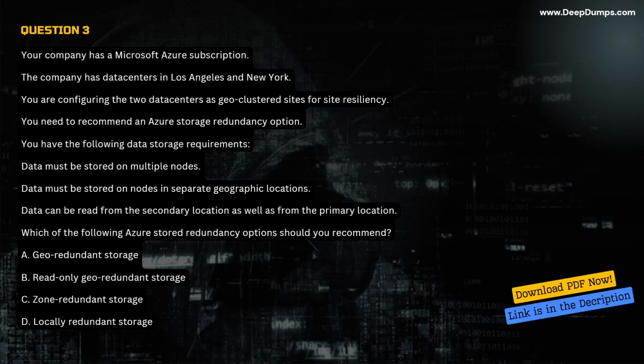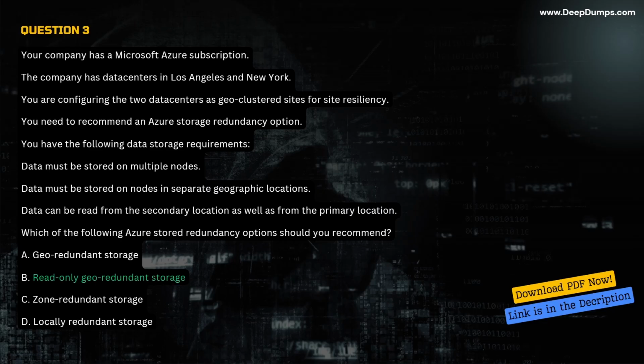Data must be stored on nodes in separate geographic locations. Data can be read from the secondary location as well as from the primary location. Which of the following Azure storage redundancy options should you recommend? A. Geo-redundant storage. B. Read-only geo-redundant storage. C. Zone-redundant storage. D. Locally redundant storage.